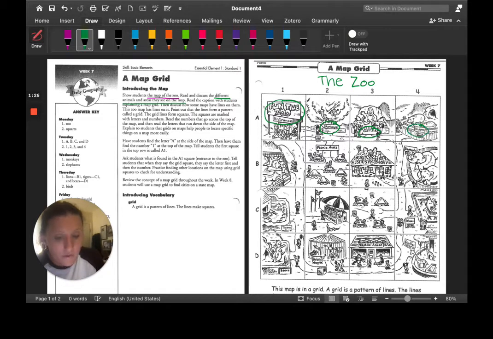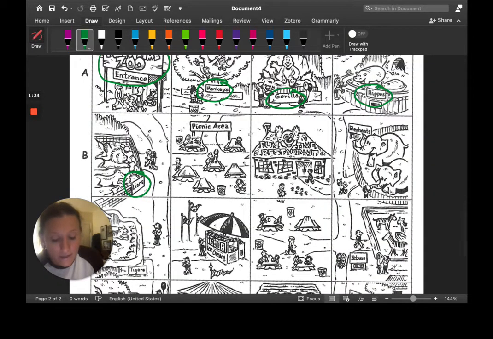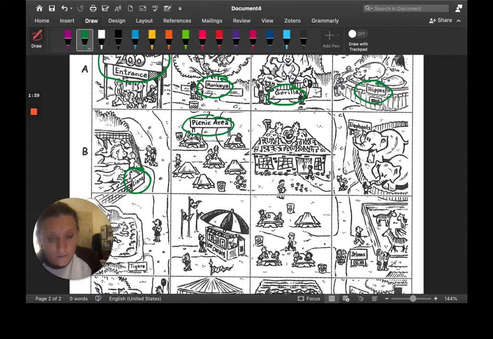the hippo exhibit, and then going down, then we have the lion exhibit, and then we have a picnic area, then we have the Fun Time restaurant. So that would make sense that the restaurant is right next to the picnic area.